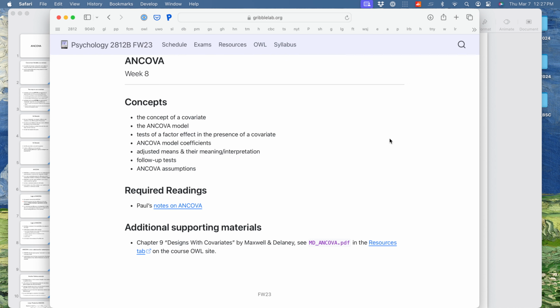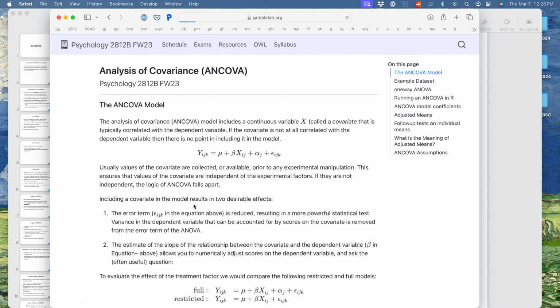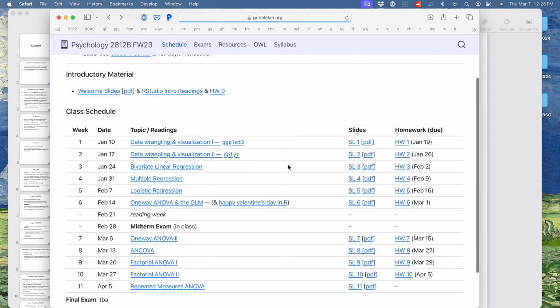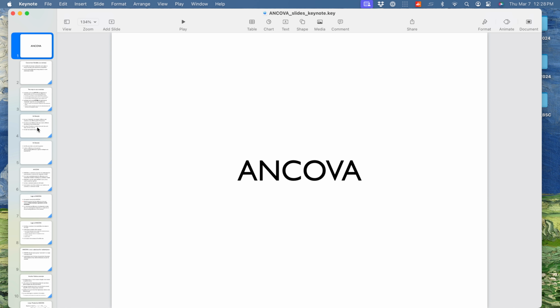It's designed for a graduate course in statistics, but if you read it with an eye towards just absorbing the top-level concepts, then that is completely suitable. Read my notes and then have a skim through chapter 9 and see if there's anything that helps you understand it just by being perhaps worded in a different way. And if you're interested in more details, then that chapter is a good place to go for more in-depth material on ANCOVA.